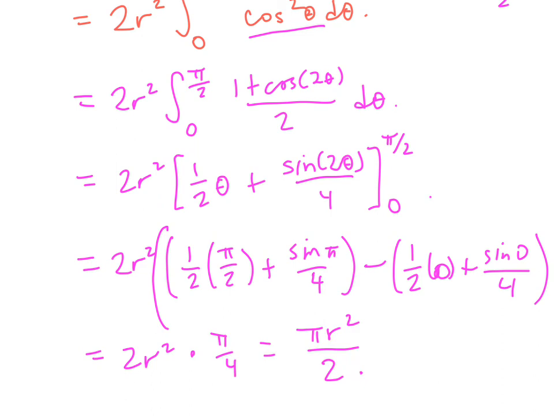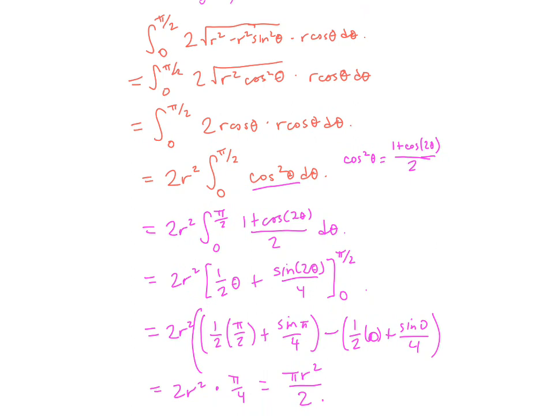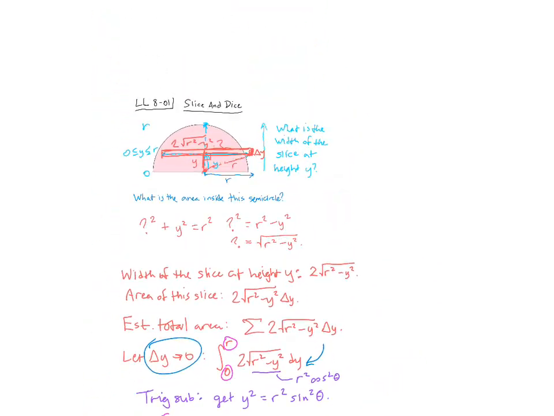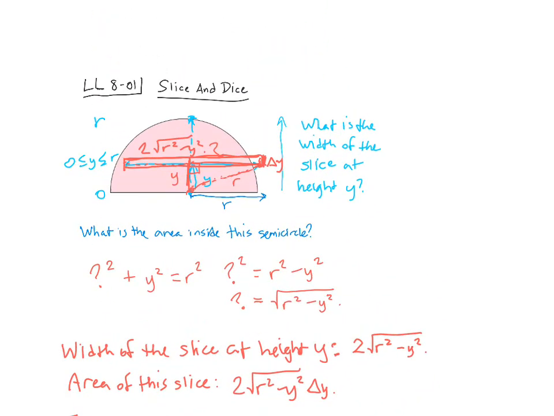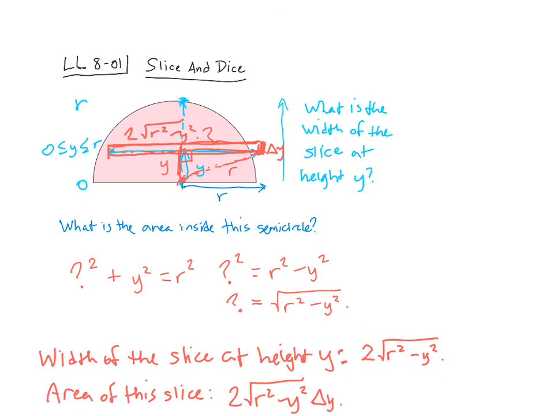You might wonder about that too, but remember, we were finding the area inside of a semicircle, not an entire circle. So the answer to our question is the area inside of that semicircle is pi r squared over 2, or 1/2 pi r squared if you prefer. And we got that by doing horizontal slicing.